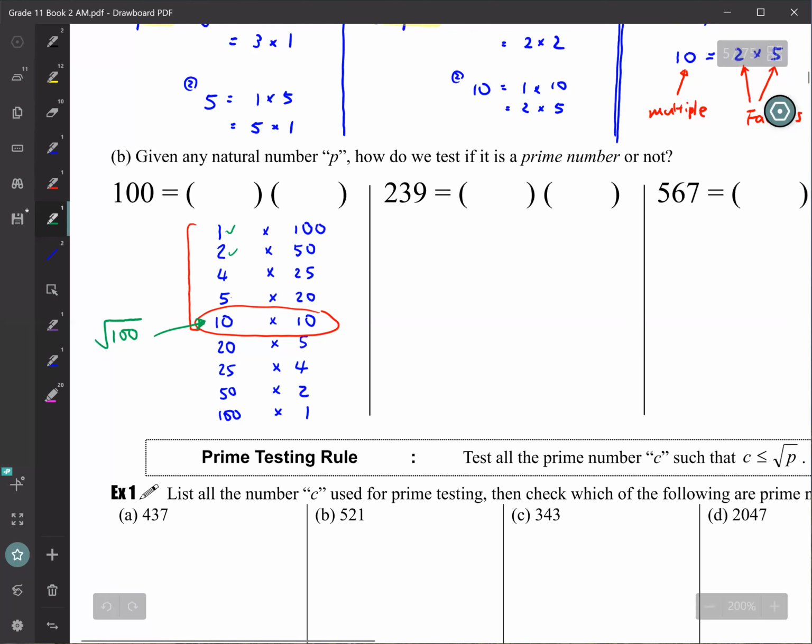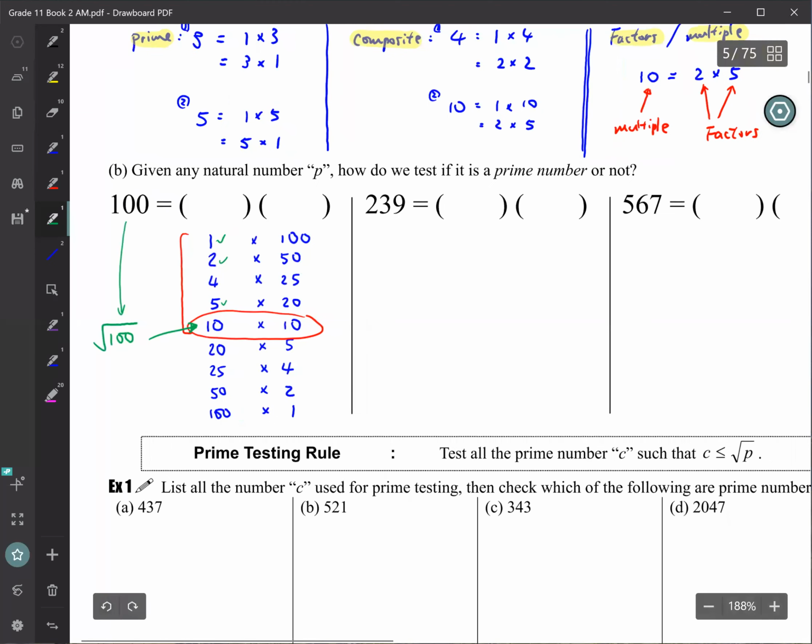You check 5. If 5 is not a factor, then you know the number you are checking is not a prime. So you check all the primes that are smaller than the square root of the number you want to check.